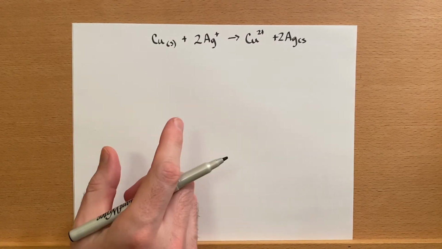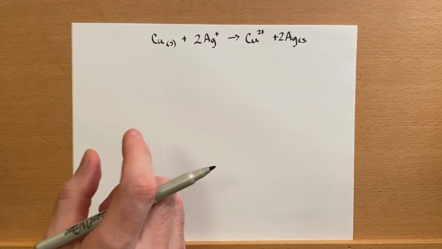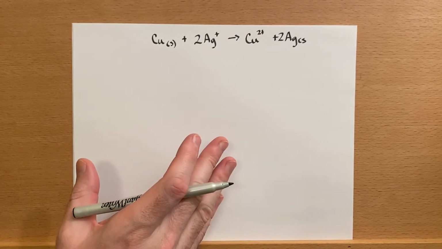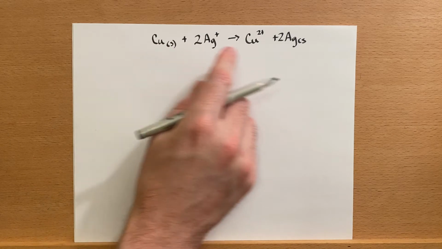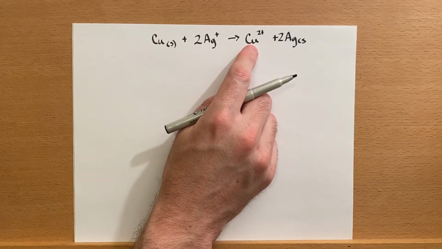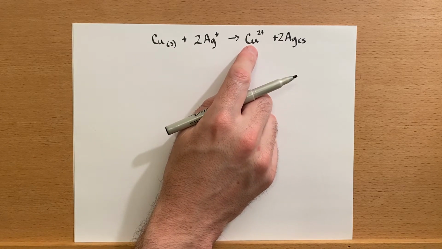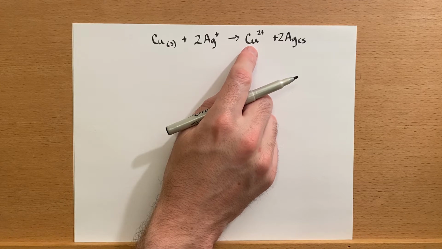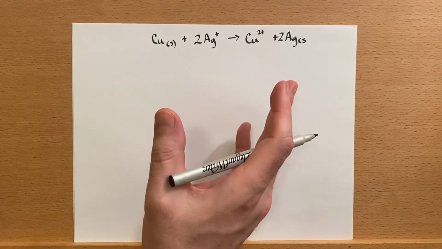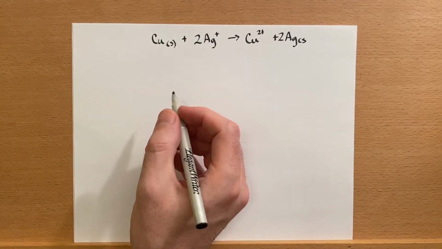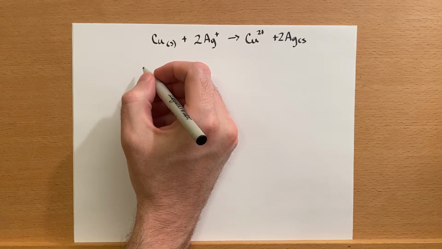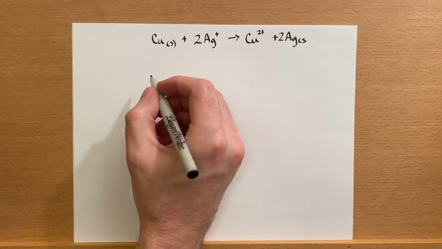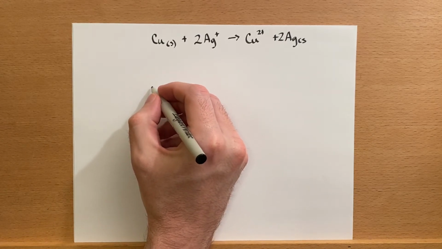Now, we only have reduction potentials. We don't have anything with oxidation, even though copper in this case is being oxidized. When we look it up in a table, we're just going to see the standard reduction potential reaction, which we'll write right down here.